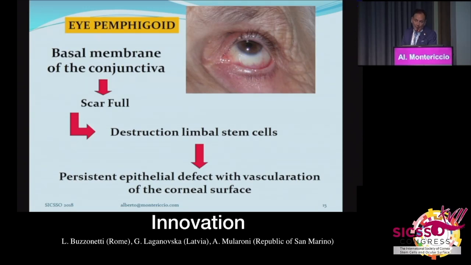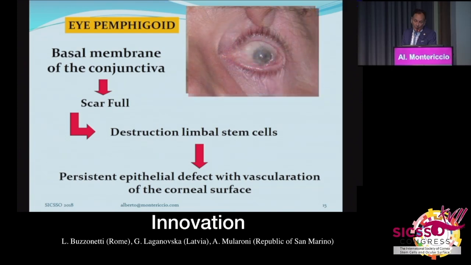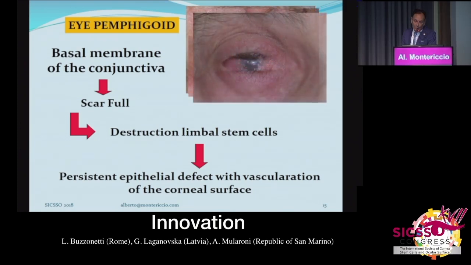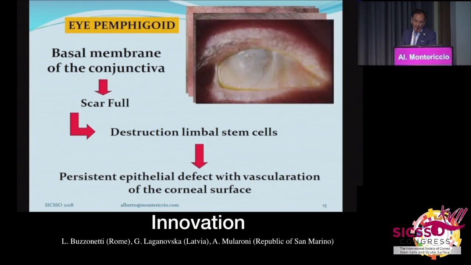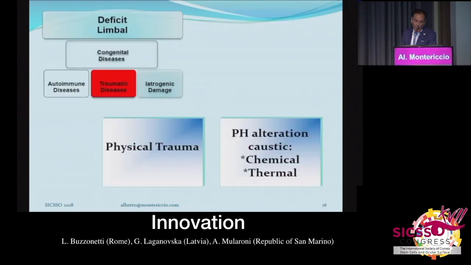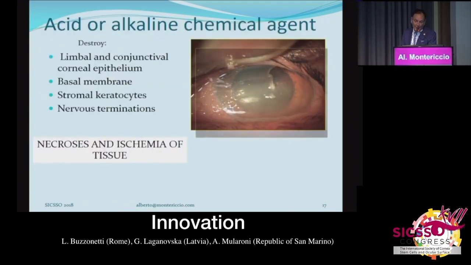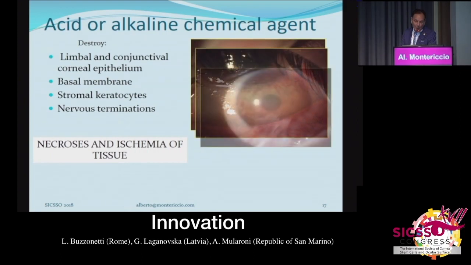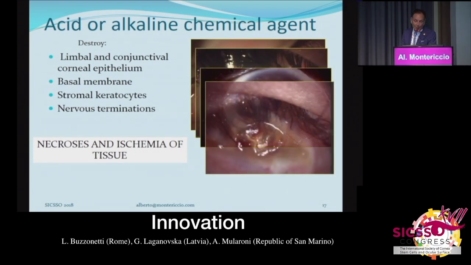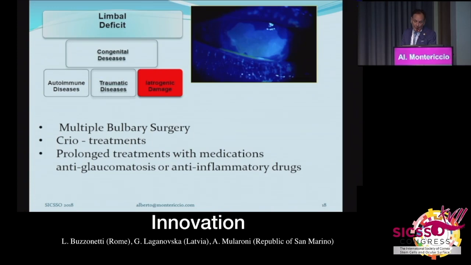And then we have pemphigoid, which is a disease that sometimes is not readily diagnosed and identified, which in time may lead to the total loss of the whole ocular surface. And then we may have chemical or thermal damage.